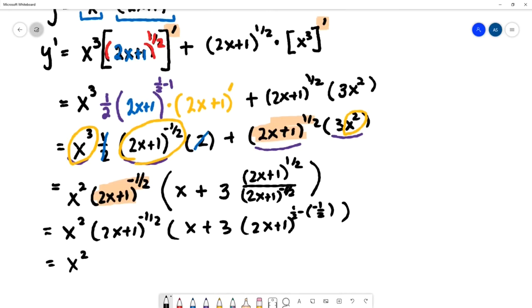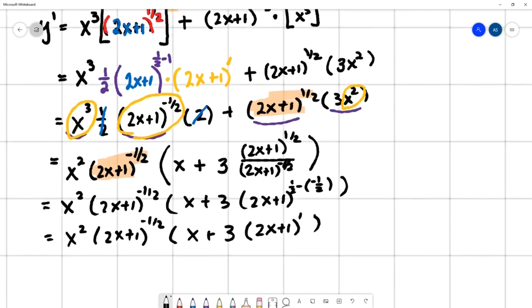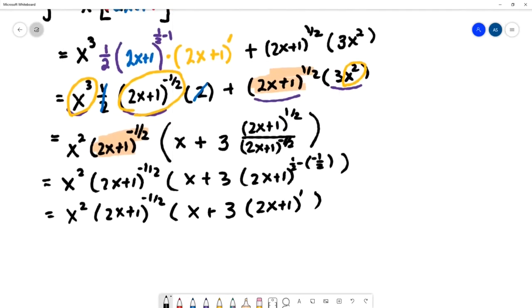We've got x squared times 2x plus 1 to the negative 1/2 and x plus 3, and this is 2x plus 1 to the first power. So a couple other little things. We can now distribute that 3.